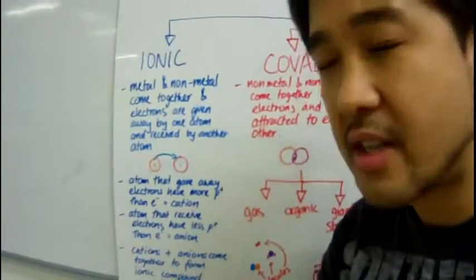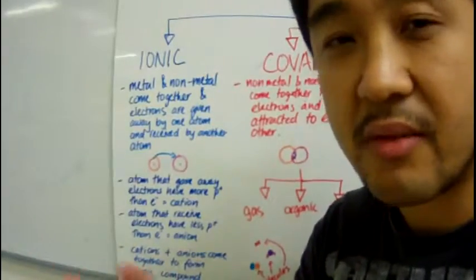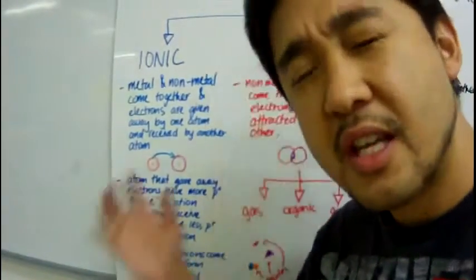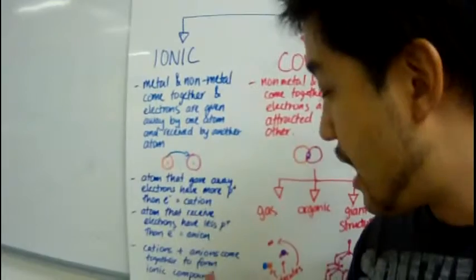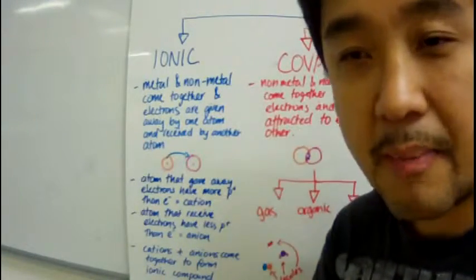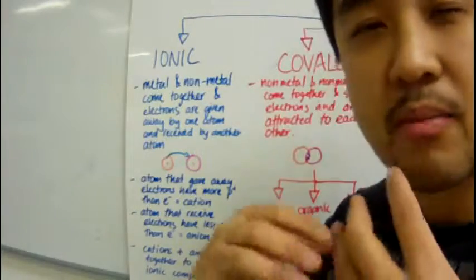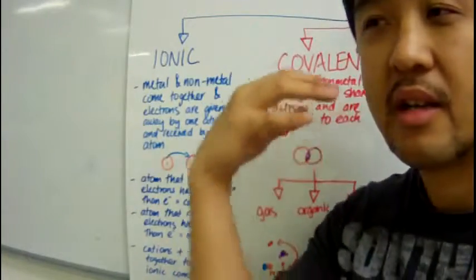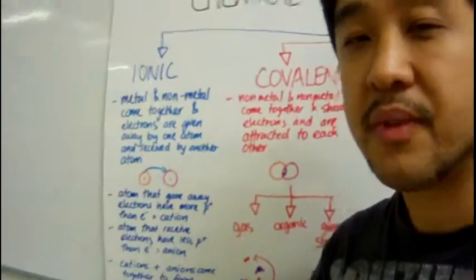And we've already discussed how to derive positive and negative ions. Now, these cations and anions all come together to form an ionic compound, a lattice structure. And we'll talk more in depth in the next video.